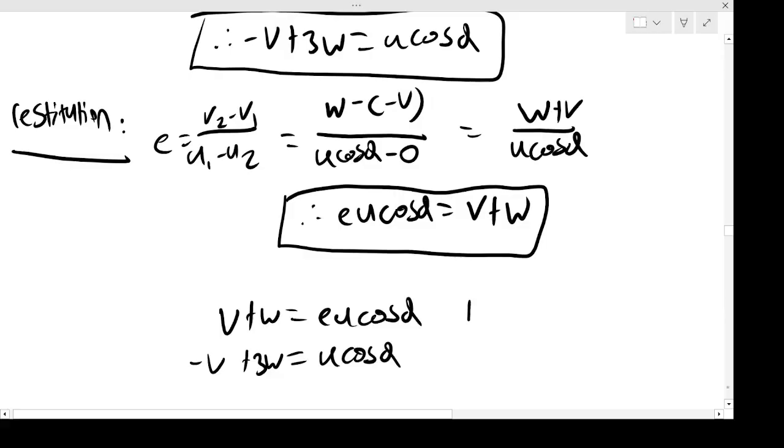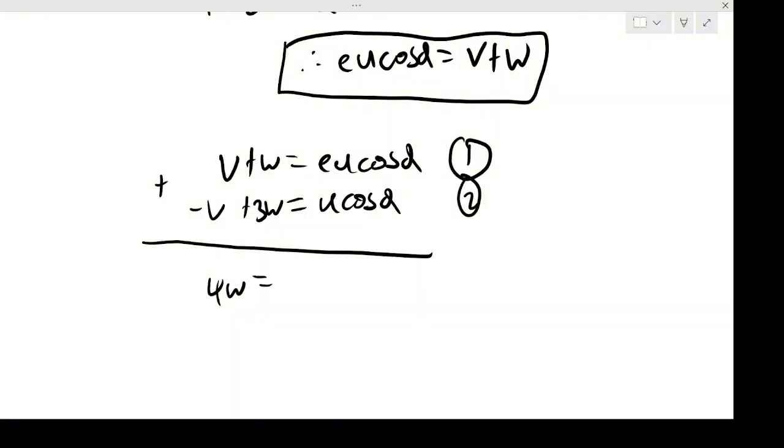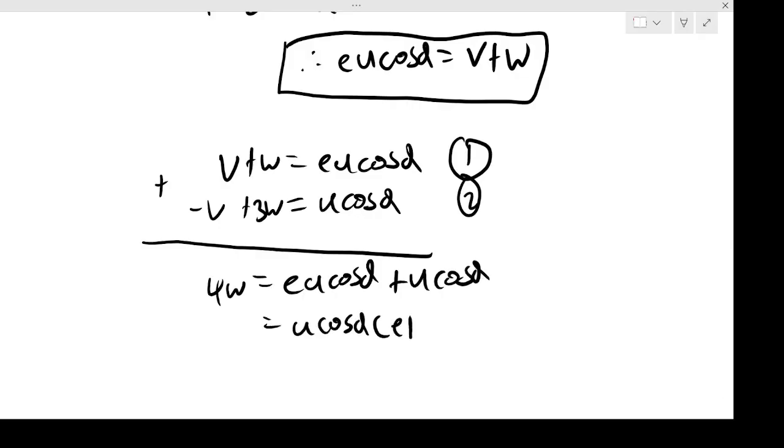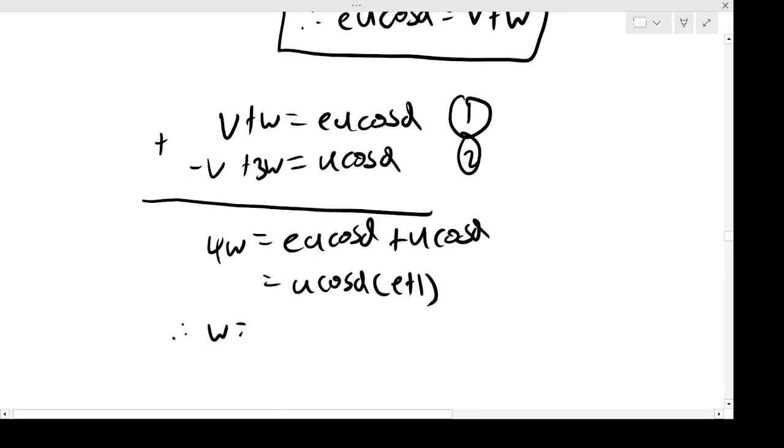Okay. So to solve these now, I can immediately spot I can add the equations to get rid of the V. So 4W is going to be EU cos alpha, add U cos alpha. And so that'll factorise to u cos alpha lots of E plus 1. Therefore, divide by 4. I get W to be a quarter u cos alpha lots of E plus 1.